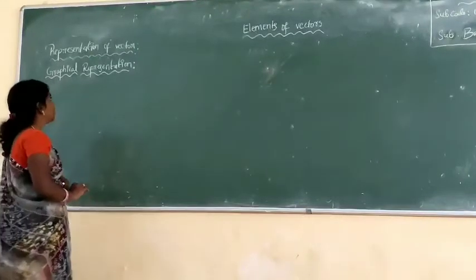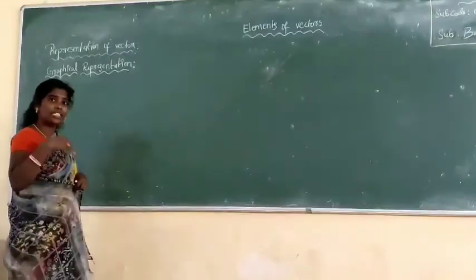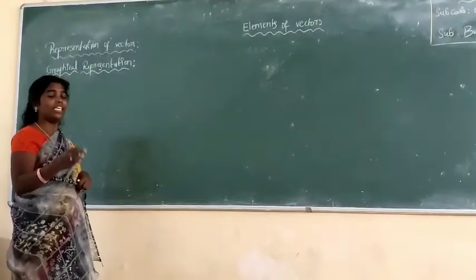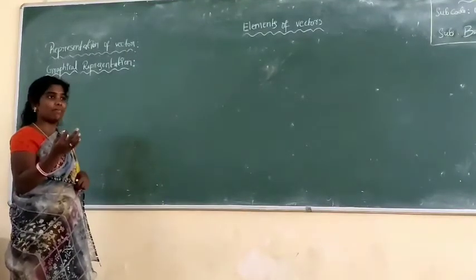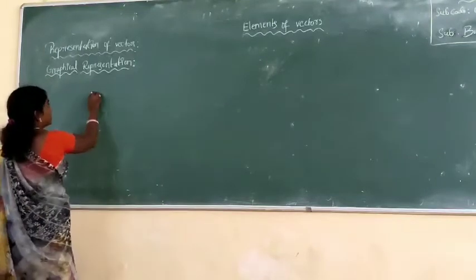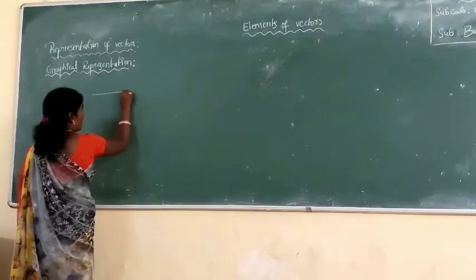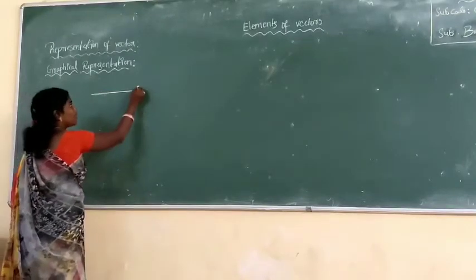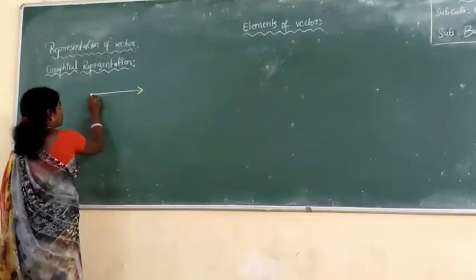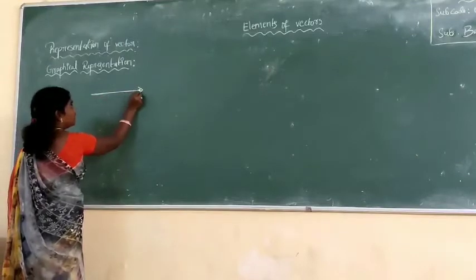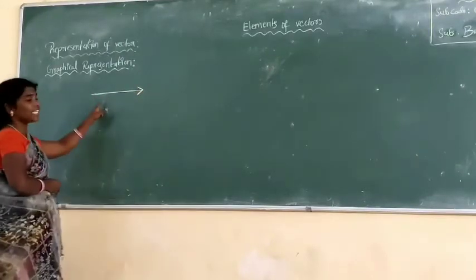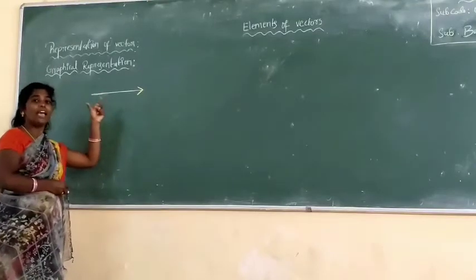So it is represented graphically by an arrow. So graphically, we represent a vector by an arrow.